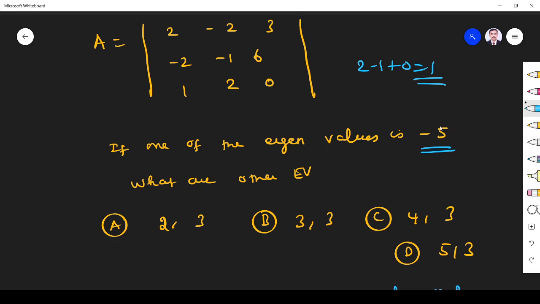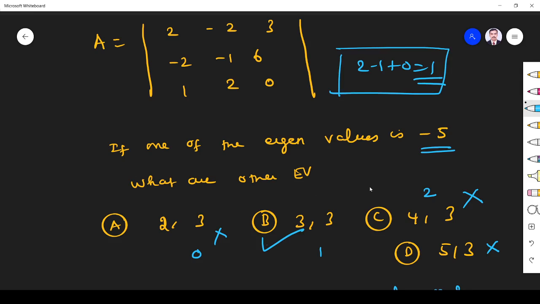One eigenvalue is minus 5, so I have to add the remaining two. 2 plus 3 is 5, 5 minus 5 is 0, so it won't be the answer. 3 plus 3 is 6, 6 minus 5 is 1, this may be the answer. 4 plus 3 is 7, 7 minus 5 is 2, so it is not the answer. 5 plus 3 is 8, 8 minus 5 is 3, so this is not the answer. The sum of eigenvalues should be equal to the sum of diagonal elements.